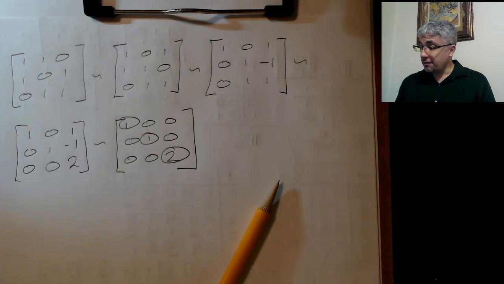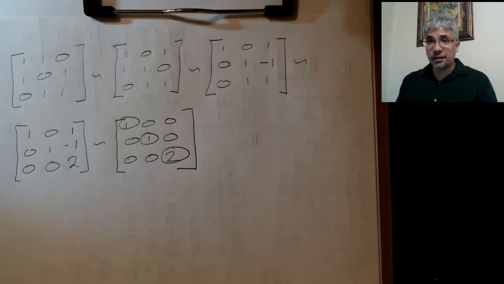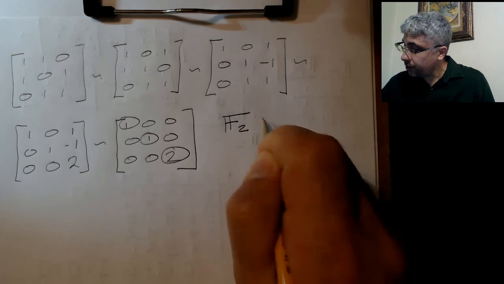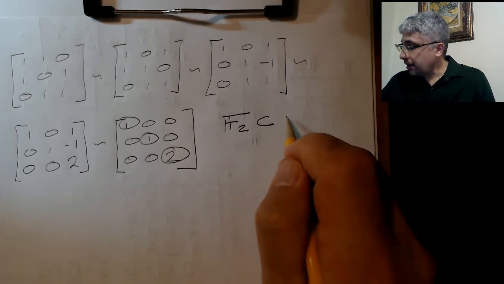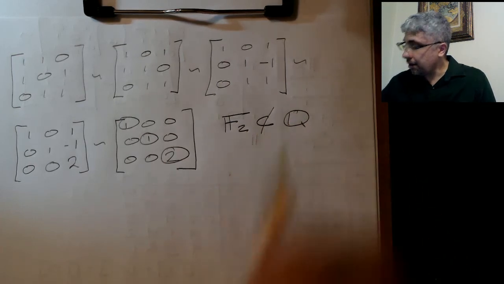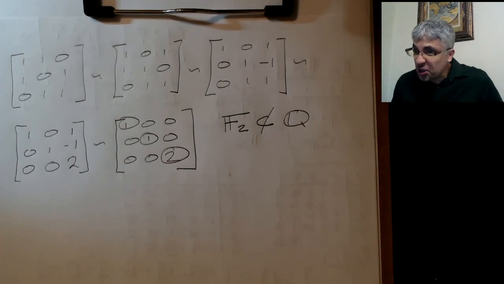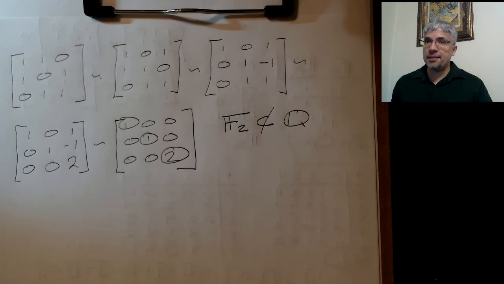So yeah, don't think that just because the set of two elements is contained inside the rationals, F2, the field with two elements, is a subfield of the rationals. I mean, it is as just pure sets. If we're just thinking about sets, then yes, that subset symbol is okay.